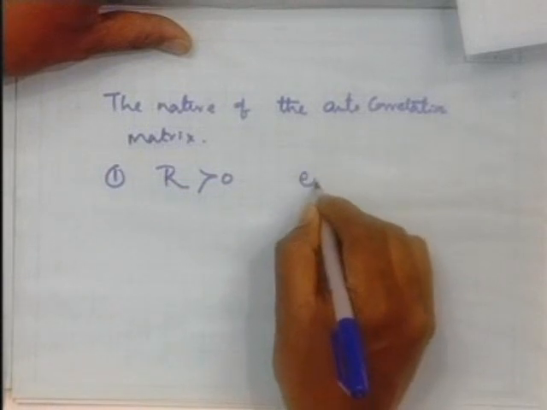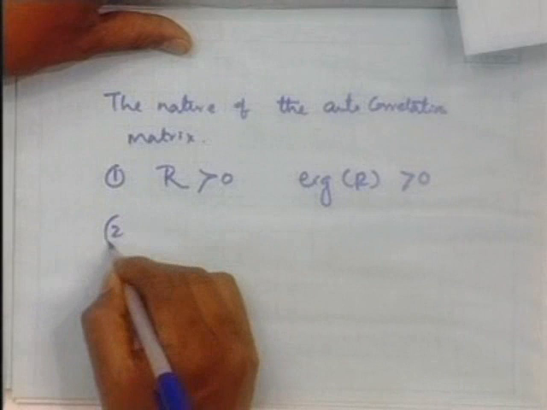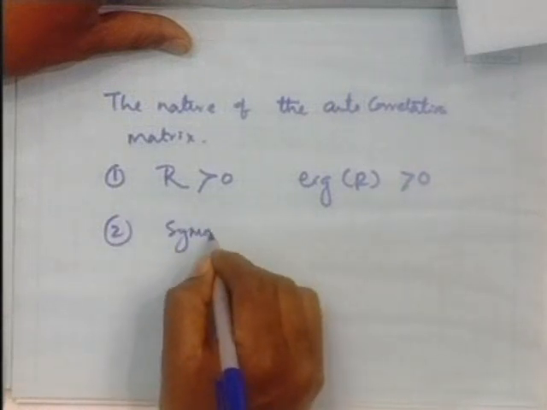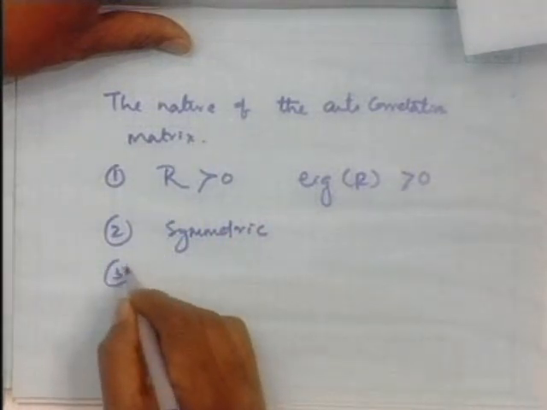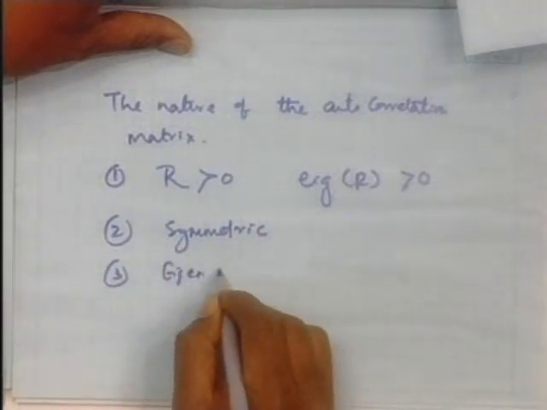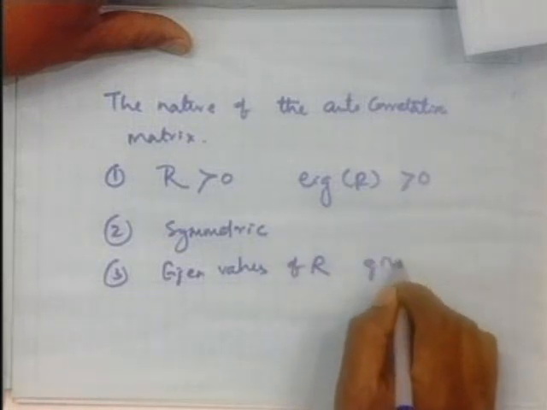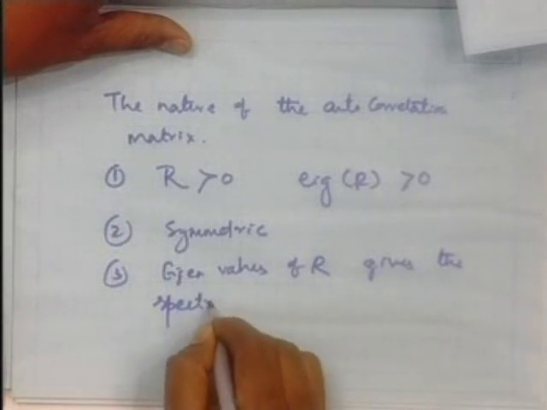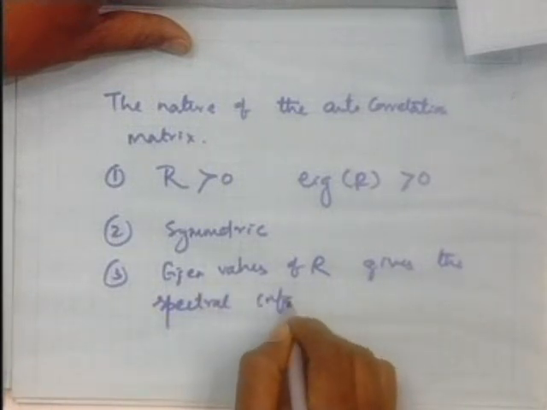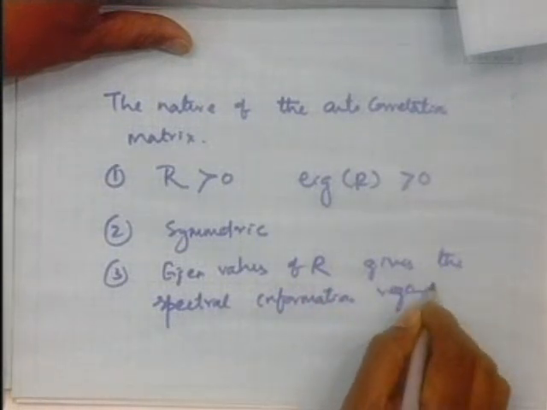That means all the eigenvalues of R are greater than 0. Of course, it is symmetric, otherwise it cannot be positive definite. Then the eigenvalues of R give the spectral information regarding the signal.